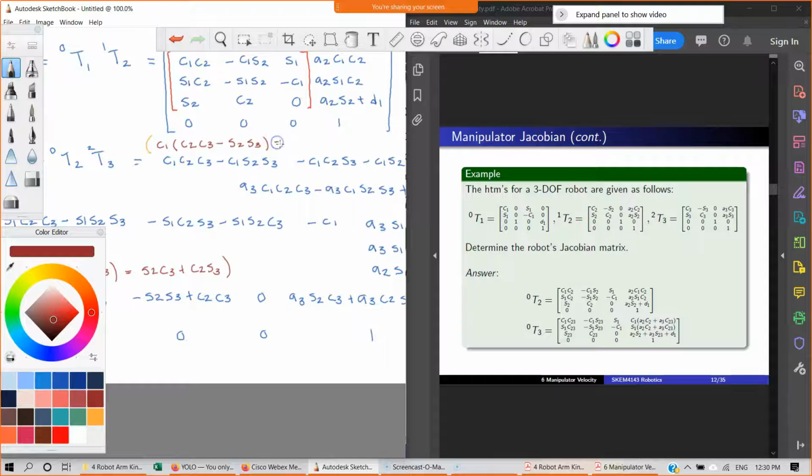And if you remember your trigonometric identity, cos of A plus B equals cos A cos B minus sin A sin B, right? So this becomes cos theta 1 multiply cos of theta 2 plus theta 3. Okay, so that's why we have here cos 1, cos 23.